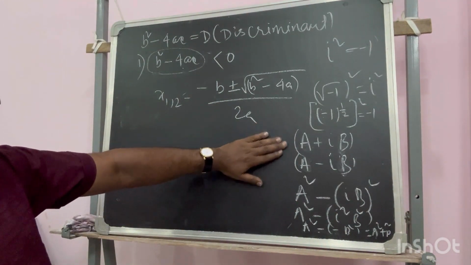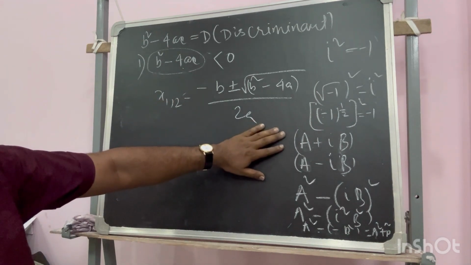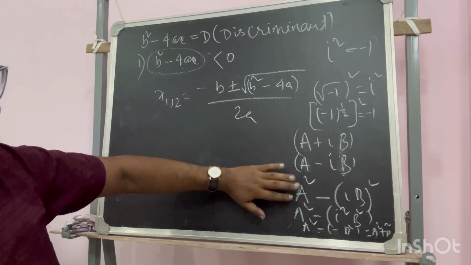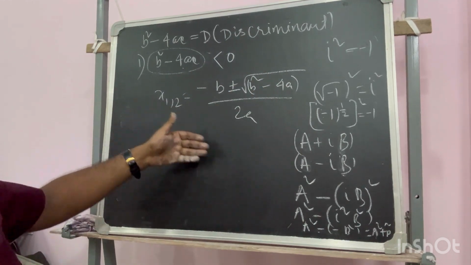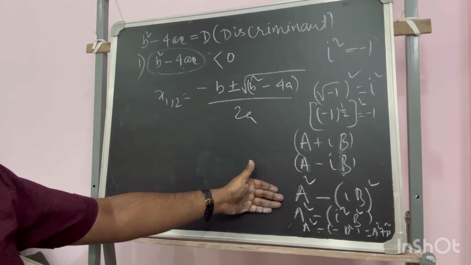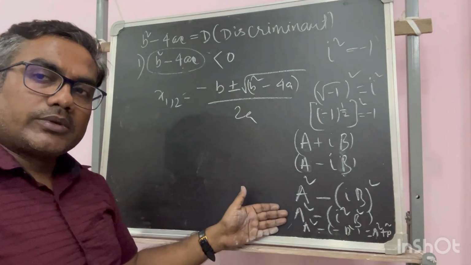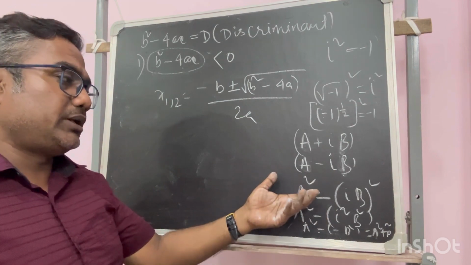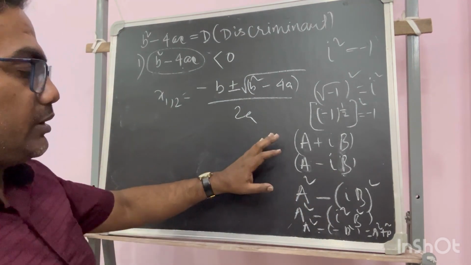If I multiply the two roots which are conjugates in the form of surds or imaginary numbers, the ultimate result of the multiplication is a real number. So if I multiply the two roots, it will give you a real number.